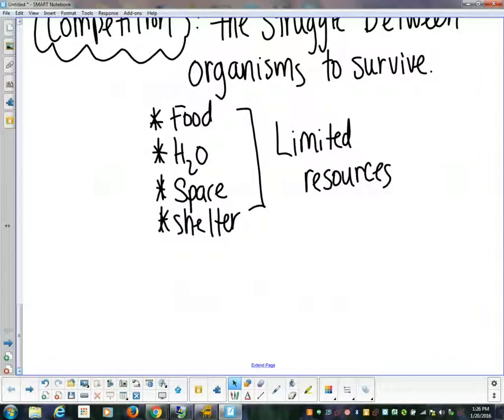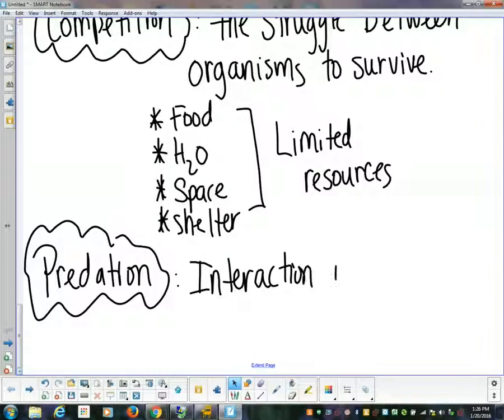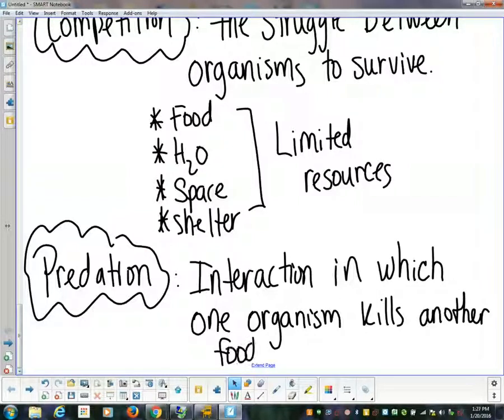Now, another type is predation. Predation is this idea or interaction in which one organism kills another for one of these reasons right here.